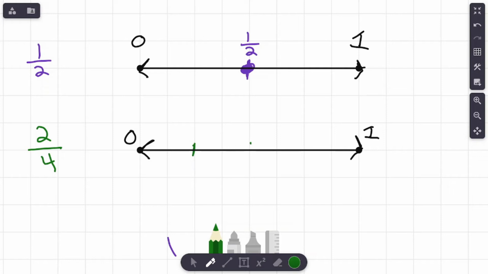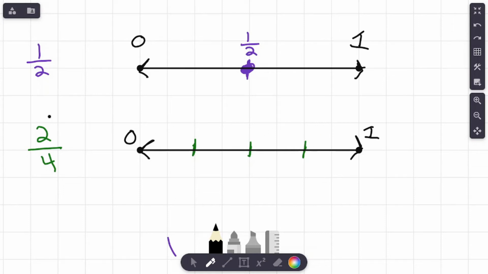So here we go. Let me do it real quick. All right, let's see if I did this correctly. I've got 1 section, 2 sections, 3 sections, 4 sections. Notice I don't draw my other little section in there. You can. It's something that you'll get used to and you don't have to. But notice again, I've got 1, 2, 3, 4.